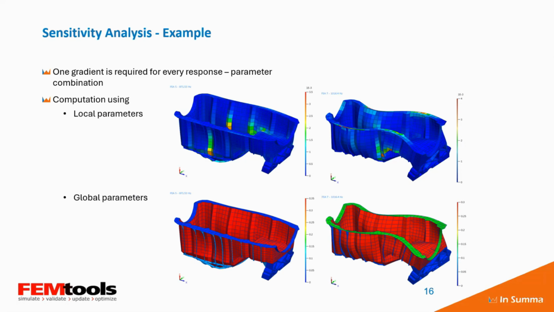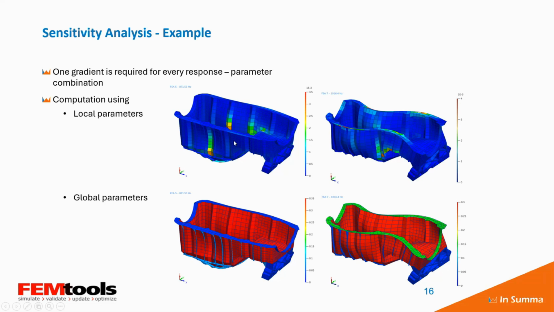In terms of sensitivity analysis and the choice of parameters, there's a lot to say about it, but what is most important is the choice between local and global parameters. A local parameter is a change at the level of the element.